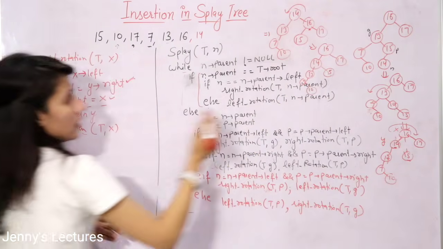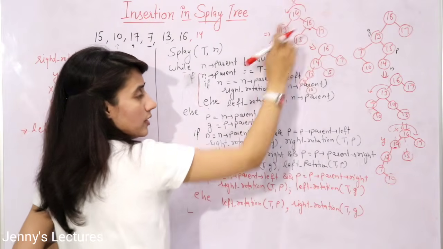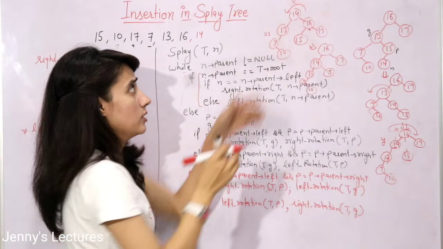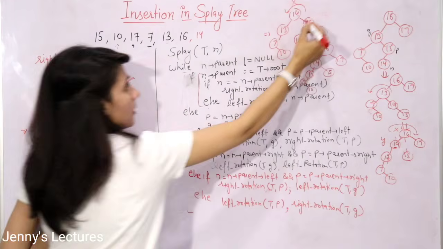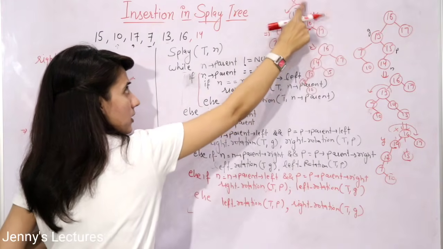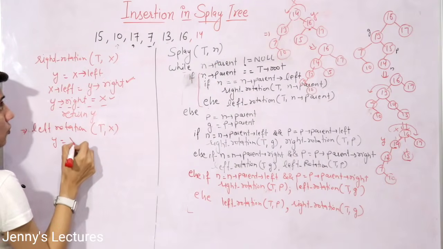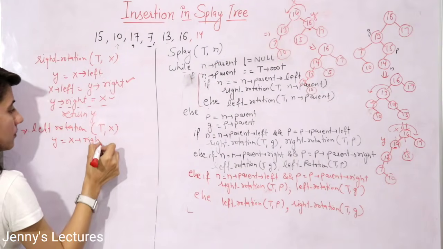So now same here, x is this one, we are going to pass this 14 address because we are going to do left rotation on this thing. Now we will first of all set y. Suppose y is 16, that is why I am taking left rotation. I want to splay 16. So now we will set y is equal to x of right.